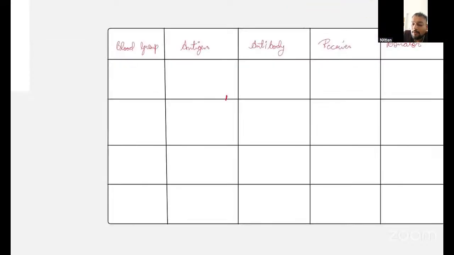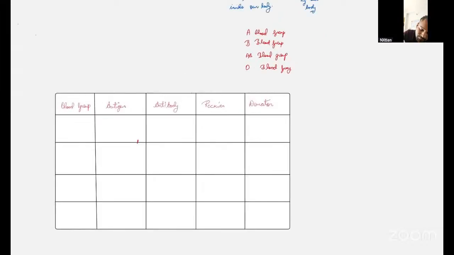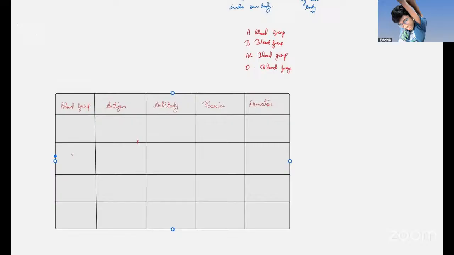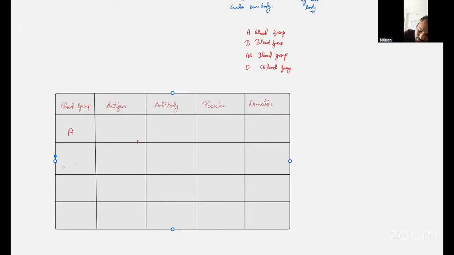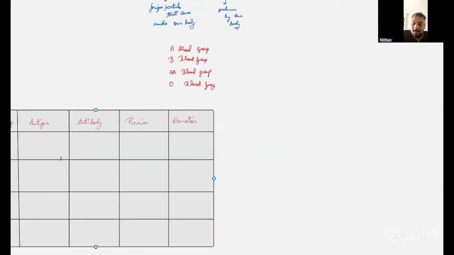Now we have these types of blood group: A, B, AB, and O. These are basically the antigens present on the RBCs.